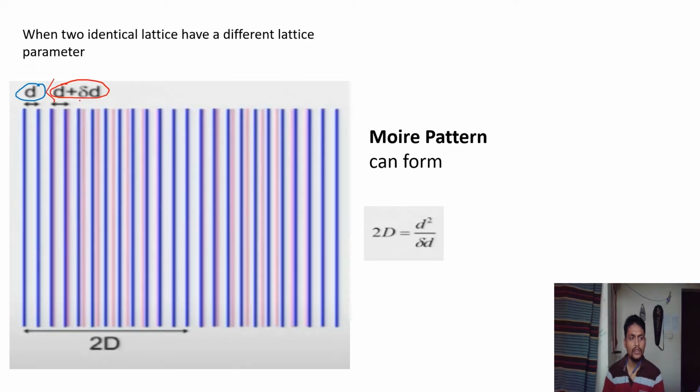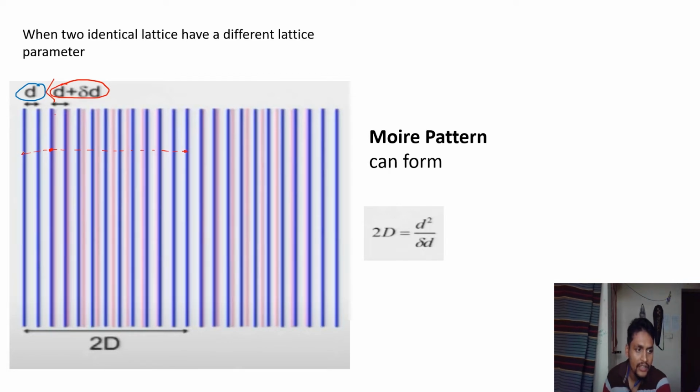Obviously, this is greater. So then also a more pattern can form. How? Just see this line. This blue and red line is exactly matching. If you go right from here, only blue can be seen.